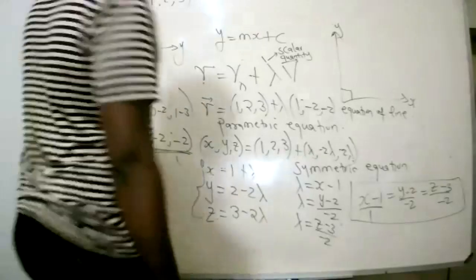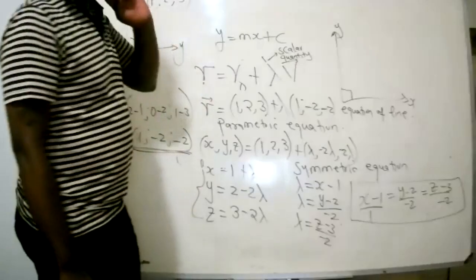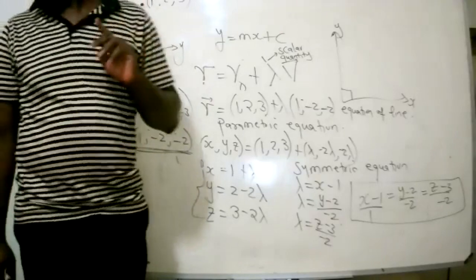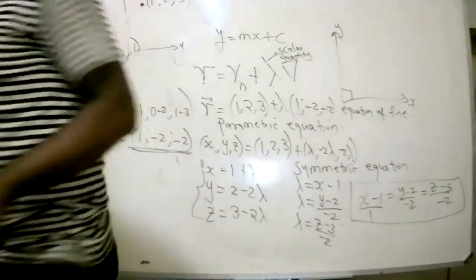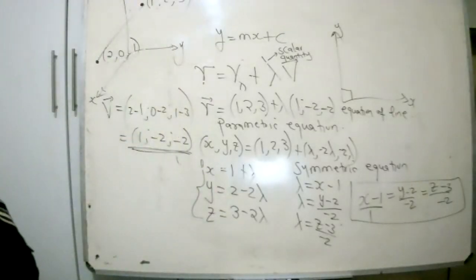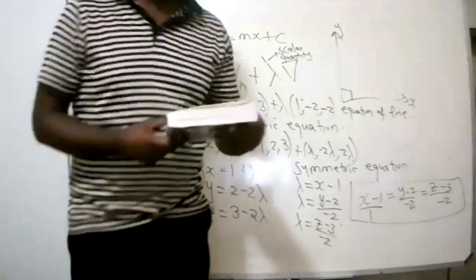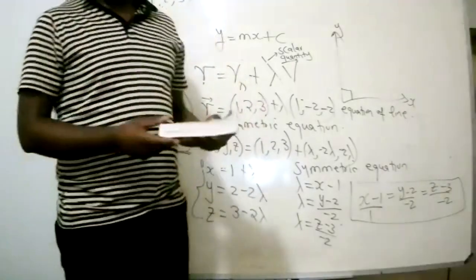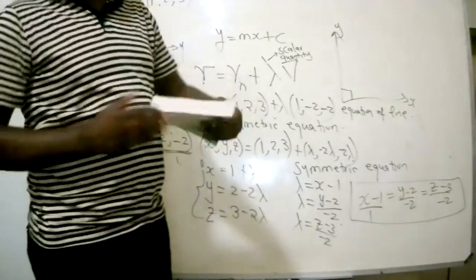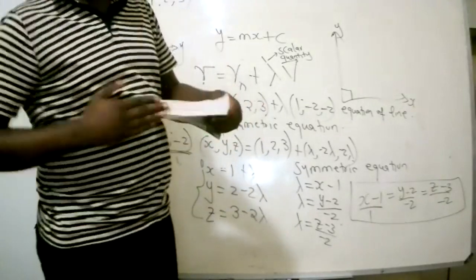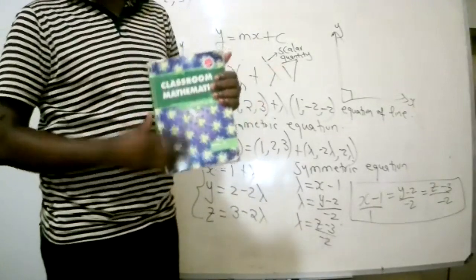For example, let's say we have this book here. Now, if we want to find the equation of this side, okay, let me have it like this.